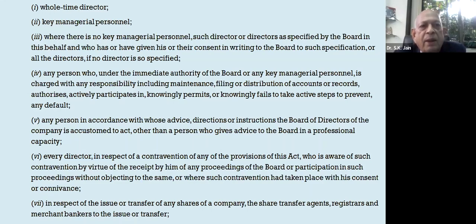If the company is required to appoint other key managerial personnel, such as CFO, CEO, or company secretary, they will be treated as officers in default. Where there is no key managerial personnel, such director or directors as specified by the board in this behalf, and who have given their consent in writing to the board, shall be responsible.